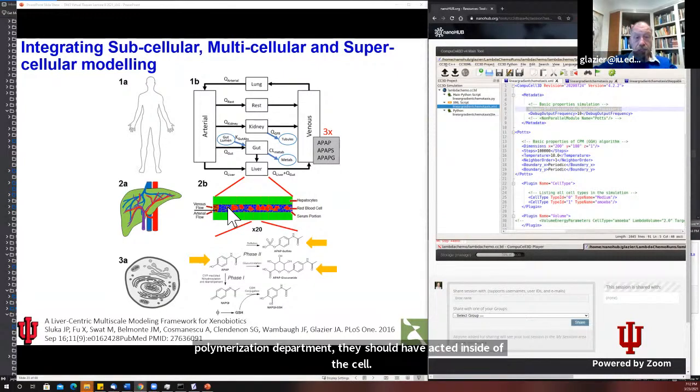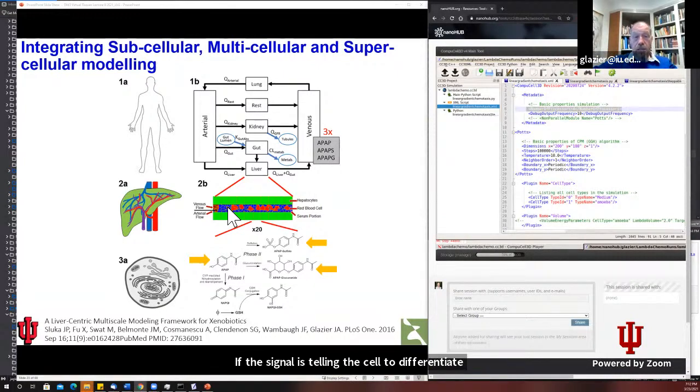If the signal is telling the cell to differentiate, the signal starts at the membrane, usually with a transmembrane receptor, and then there's a phosphorylation cascade of signal that eventually causes a transcription factor to move from the surface of the cell or the cytoplasm into the nucleus to bind to the DNA. And so signals are transduced in space as well as time.